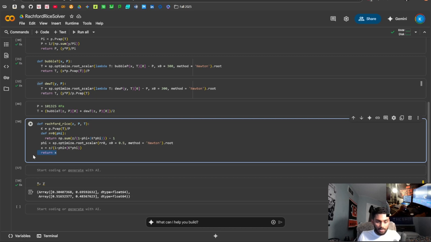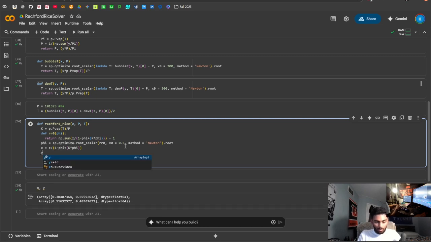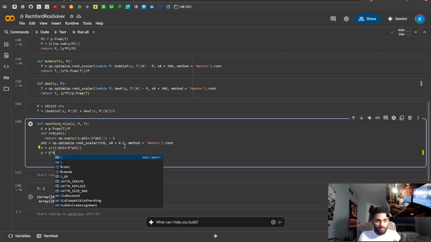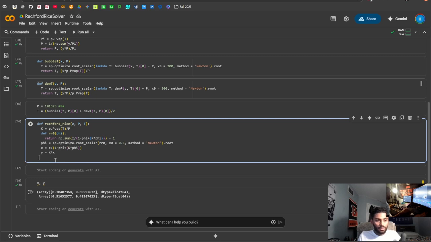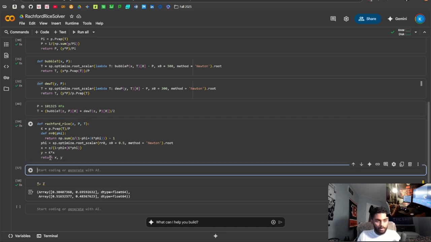We don't want to return the x though. Make sure that this lines up with that. It seems to. y is equal to k times x. All right, and we want this function to return our x and y.